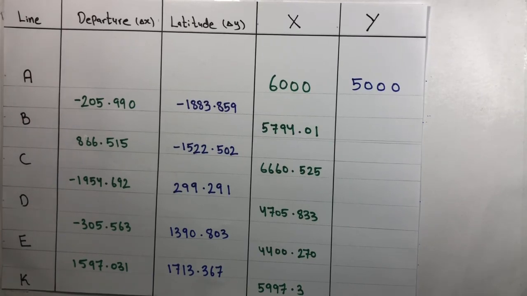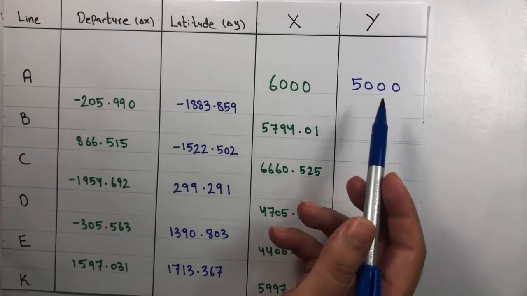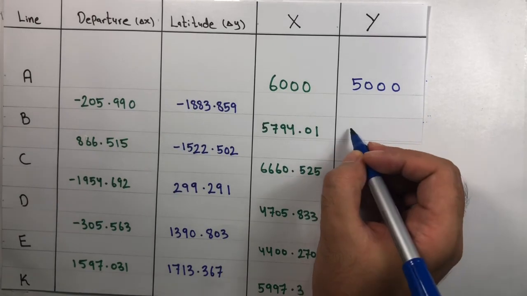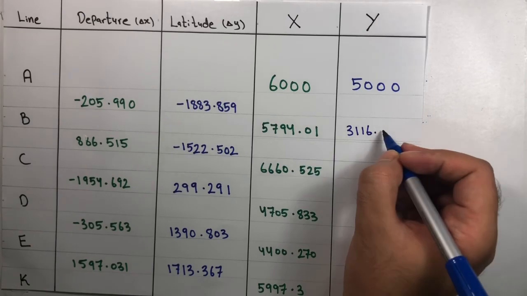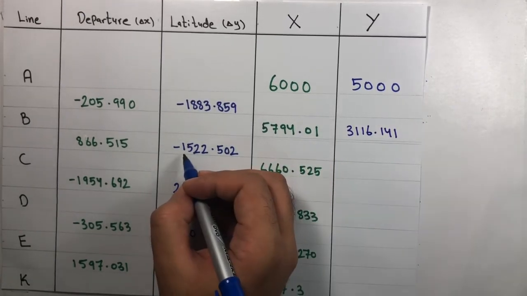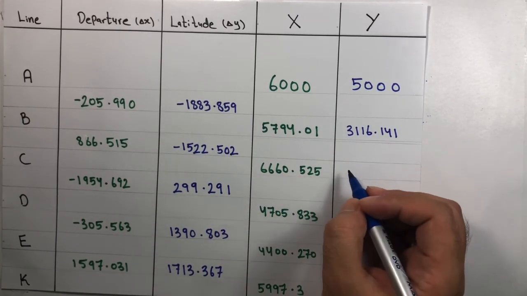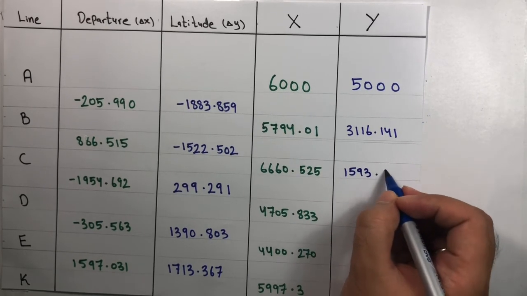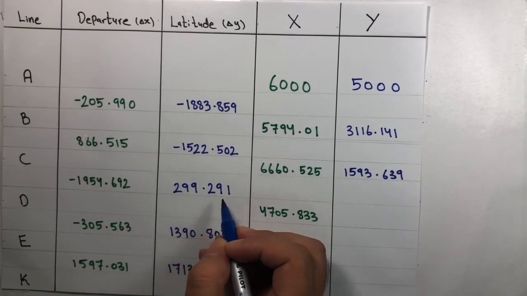Let's move to the y-axis. So we'll say 5,000 meters minus 1,883.859. We'll get 3,116.141 minus 1,522.502. We will get 1,593.639 plus 299.291.